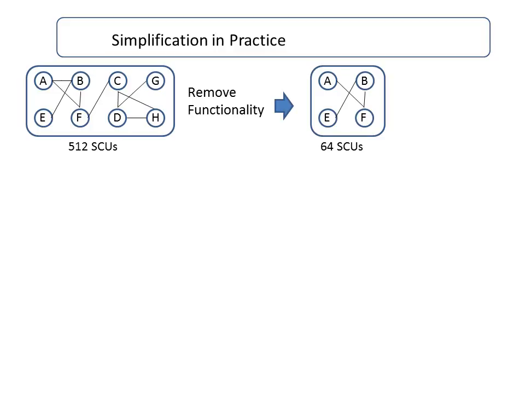Now, earlier I said that simplification is the process of removing complexity without removing necessary functionality. So you might think that this is flying in the face of that. However, my assumption here is that we had 4 functions that were really not necessary from the business perspective.